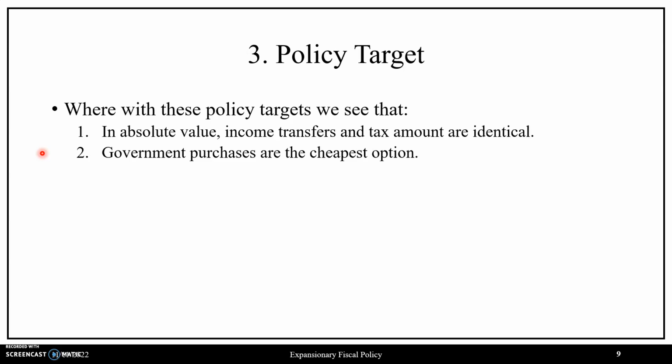If there's a $1 increase in income transfers or a $1 decrease in taxes, this will correspond to a $1 increase in disposable income, and only a fraction of that dollar will be made into an increase in consumption, which means only a fraction of that dollar will be made into an increase in aggregate demand as a result.